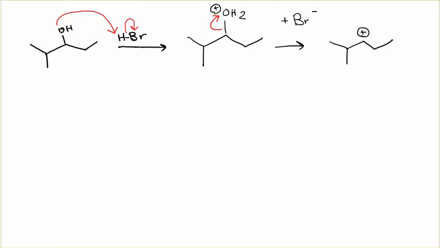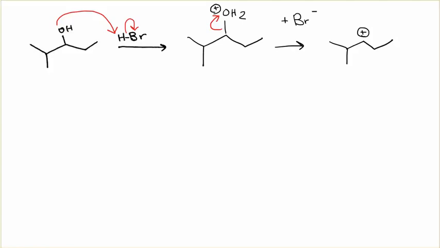Now, we've got to be careful here. Remember the things a carbocation can do: react with a nucleophile, eliminate a beta hydrogen, resonate, and rearrange. So be careful about that rearrange. Every time you get a carbocation, you need to analyze it to see if it's going to rearrange. If a carbocation can rearrange to become more stable, it will.